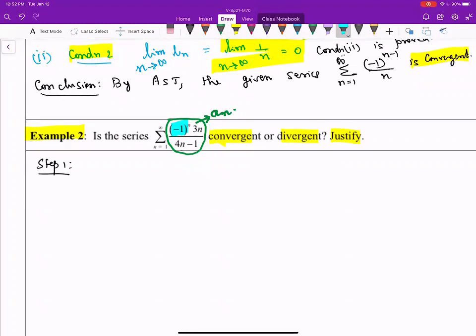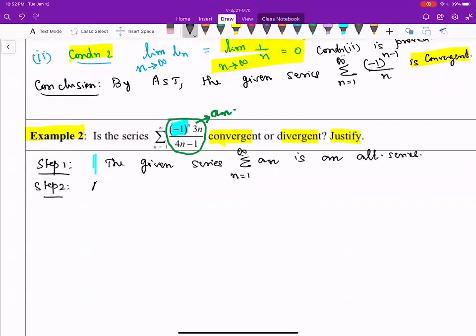So that -1 to the power n tells that the given series is an alternating series. So obviously you would go for the alternating series test.